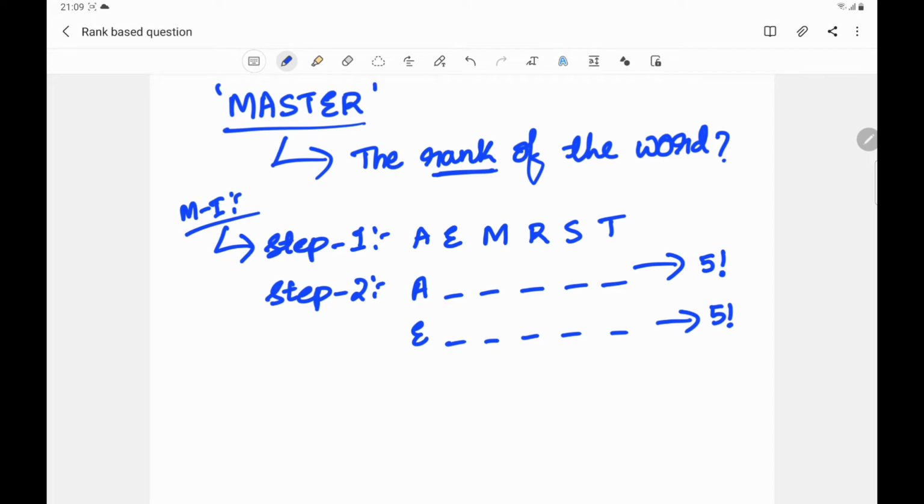After this, the next letter would be M. So after M, the letter that is going to appear is A. After A, the next letter that is going to appear is E. So the rest of the 3 letters can be arranged among themselves in 3 factorial ways.